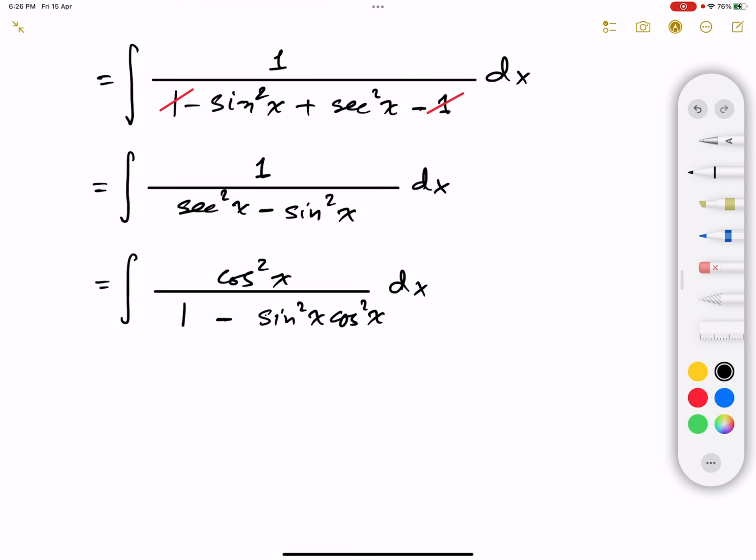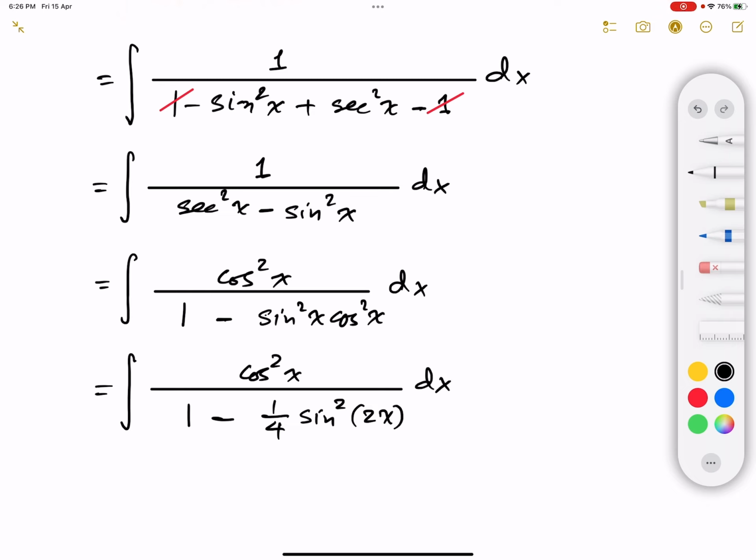Now we can notice that sine squared cosine squared can be rewritten in terms of sine of twice the angle as 1/4 sine squared of twice the angle x. Okay, so this can be rewritten as: in the numerator we have cosine squared of x, and this is 1 minus 1/4 sine squared of twice x dx.